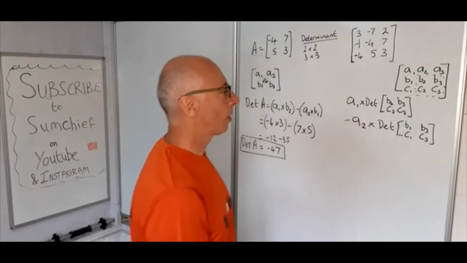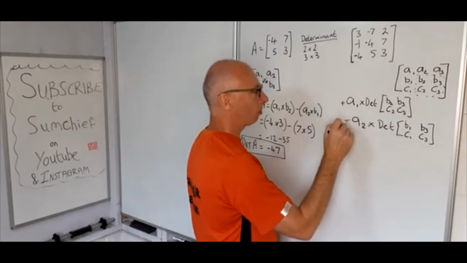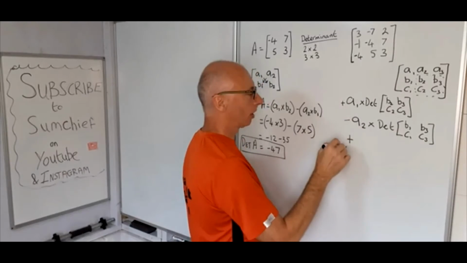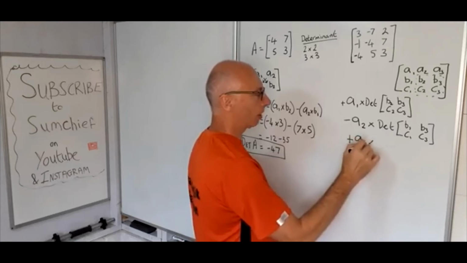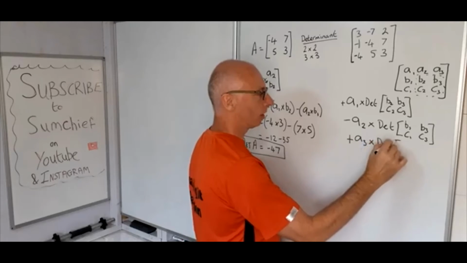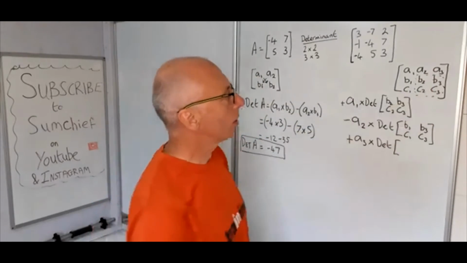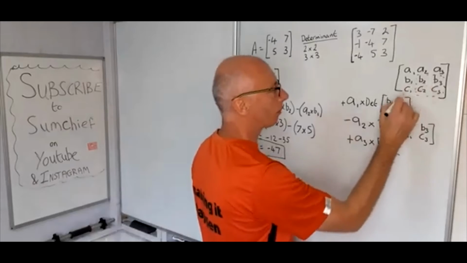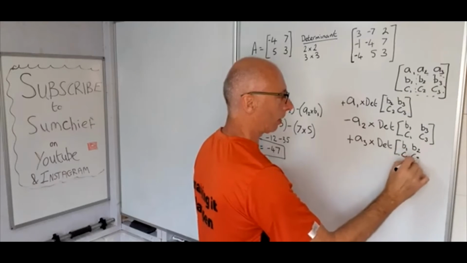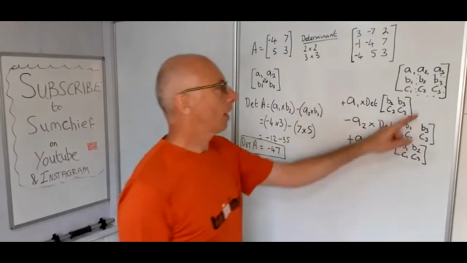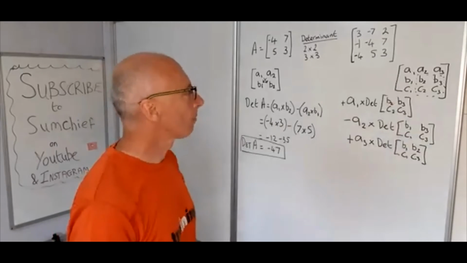So we take the determinant of that one, and then we add, so we've got positive, minus, add, and you keep going all the way down until you get to the end, so that's 3 of them there. So then we've got A3 times the determinant. A3 is here, so this column here is ignored, so we now use this one. So B1, B2, C1, C2. And that's the formula to get the determinant of this matrix here.